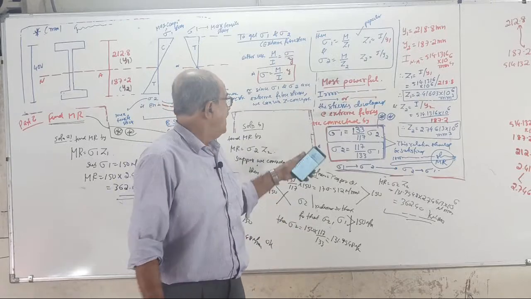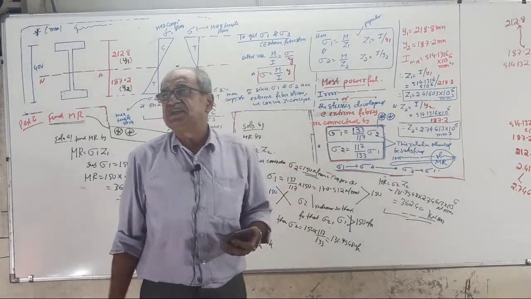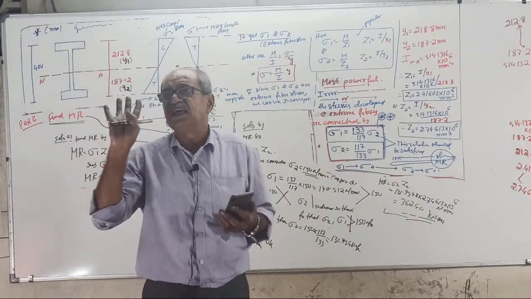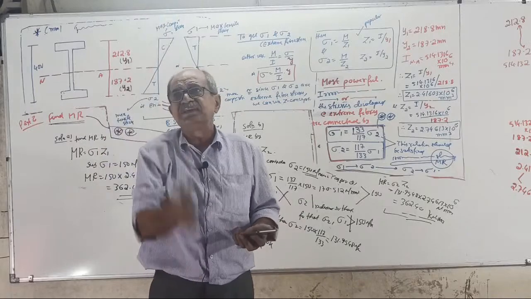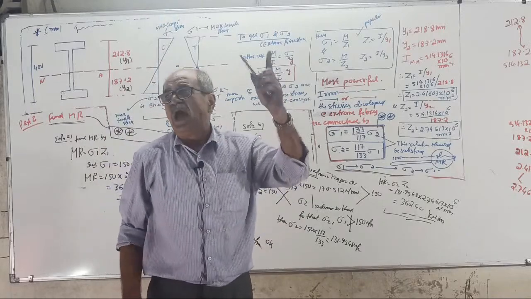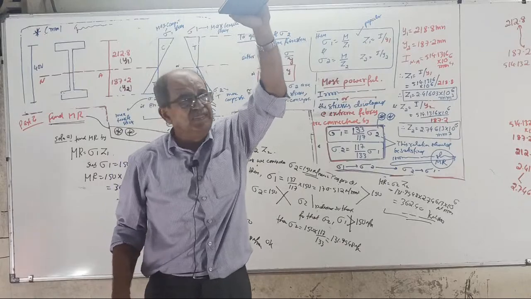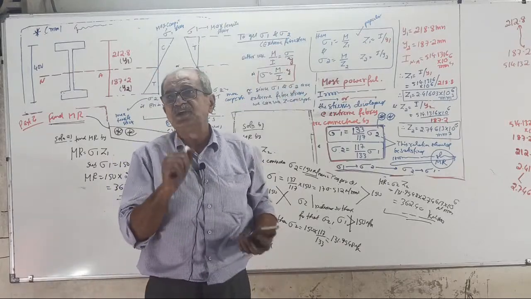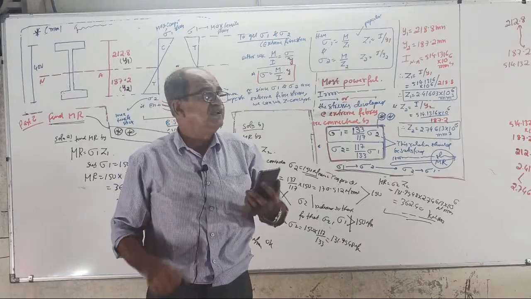By this example, you can understand the behavior in RCC very thoroughly, or anywhere in structural engineering when the bending stress distribution is known and the stresses are different, with different materials or an unsymmetrical section. How to control the stresses, you will completely know it.